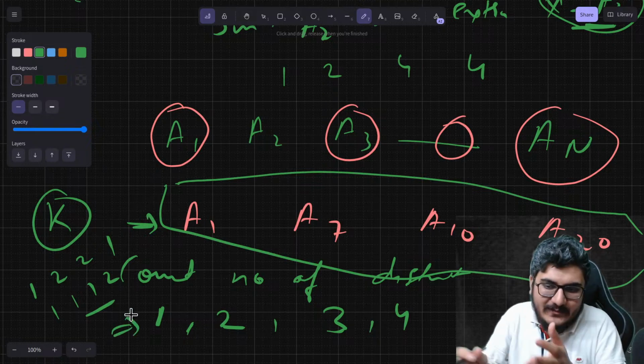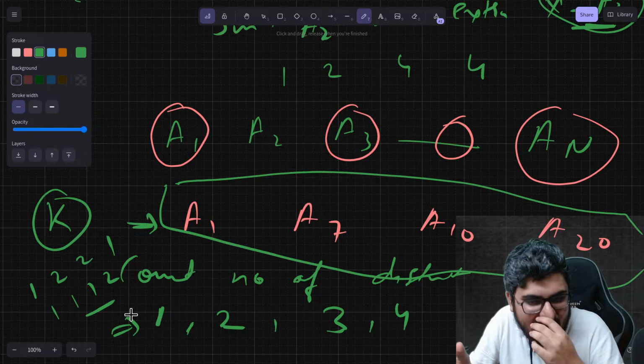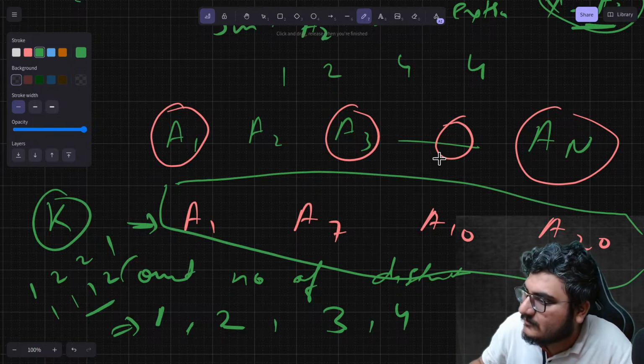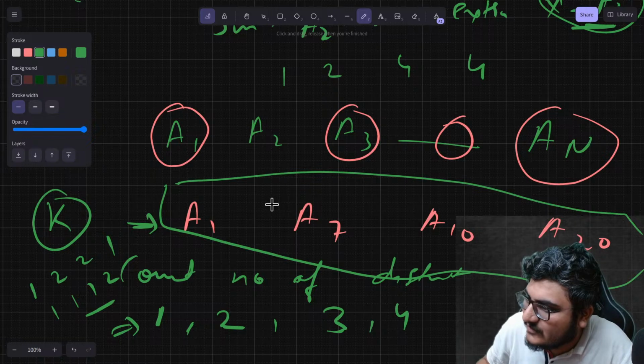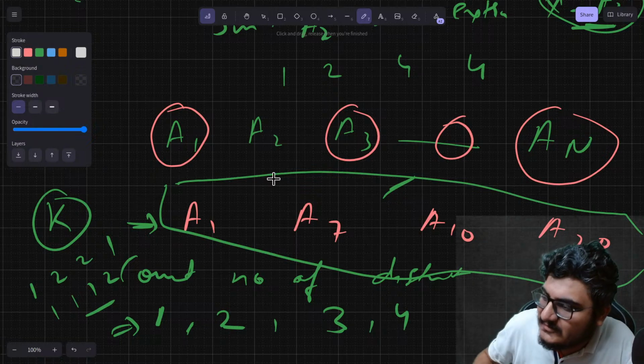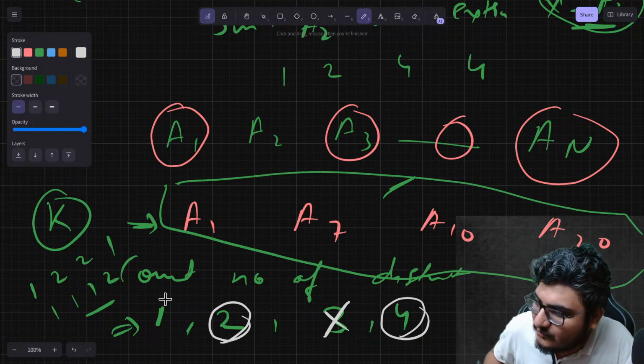So the count of distinct numbers among those 4 would be 1, 2, 3, or 4. It says that for this sequence A1, A7, A10, A20 to be valid, the number of distinct elements should divide 4. That is, 4 is allowed, 3 is not allowed, 2 is allowed, 1 is allowed.